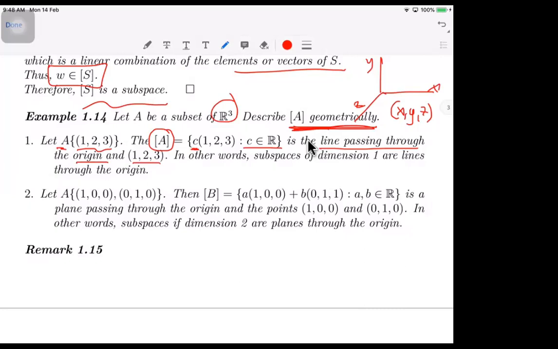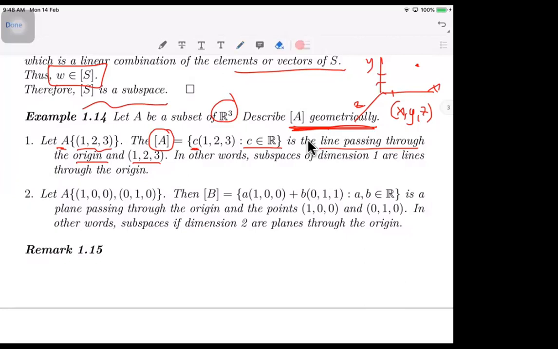So the linear span, here is 1, 1, 2, then 1, 2, 3, which here is positive, negative on the Z here. So 1, 1, 2, 1, 2, 3.